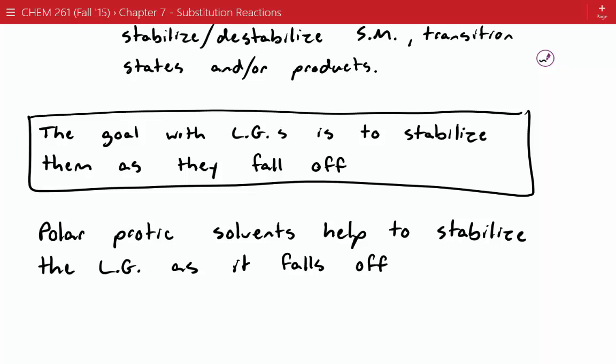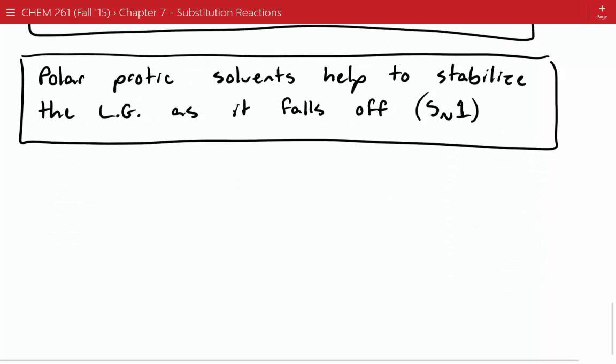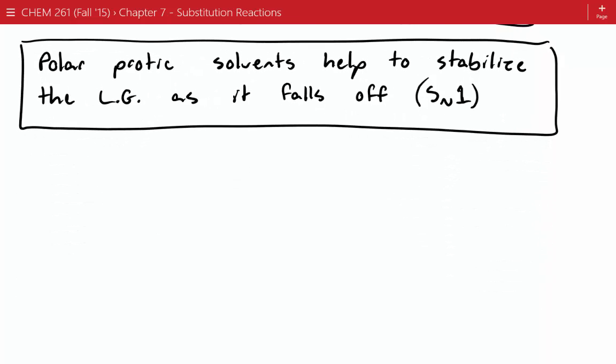Does this mean we want to use polar protic solvents for SN1 or SN2 reactions? SN1. Which is exactly what we said yesterday, or Tuesday. We said SN1 reactions prefer to be in polar protic solvents, SN2 reactions prefer to be in polar aprotic solvents. So let's take a look at what I mean by this by looking at our energy coordinate diagram.